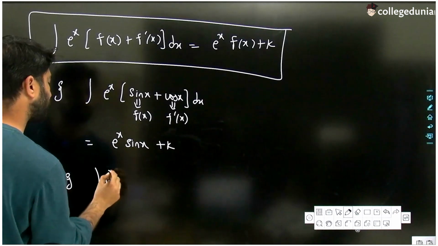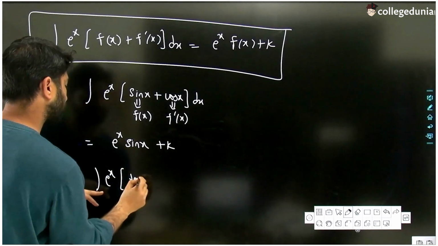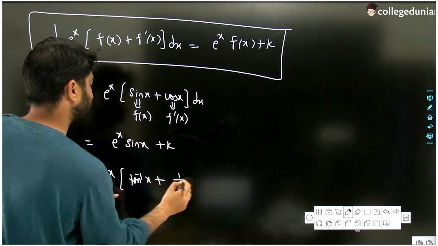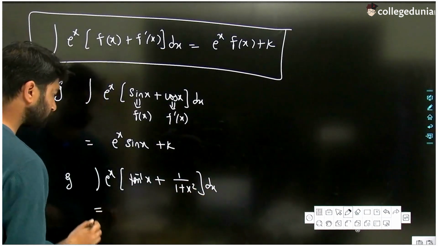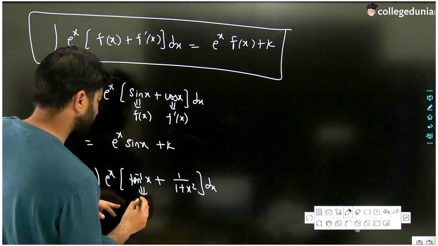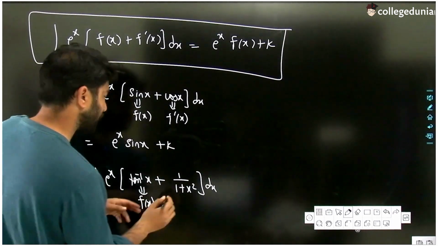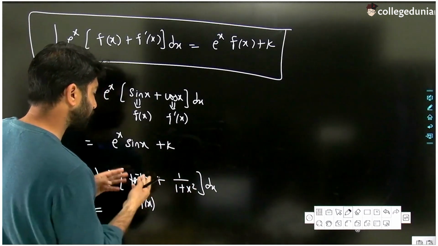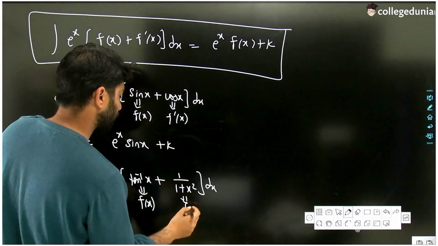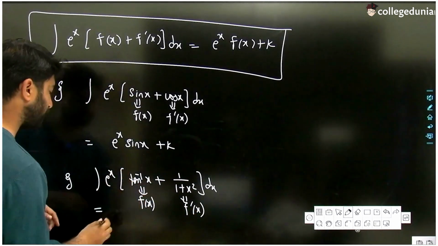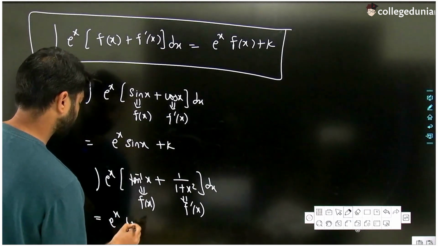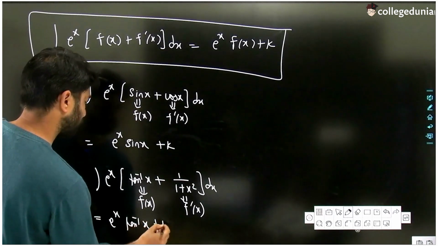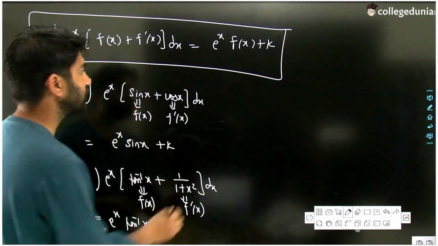Suppose we have to integrate e^x tan inverse x plus 1 by 1 plus x square. So guys, in this situation, this tan inverse x can be taken as f(x) and this 1 by 1 plus x square is the differentiation of tan inverse x. So the answer will be e^x tan inverse x plus k, right?